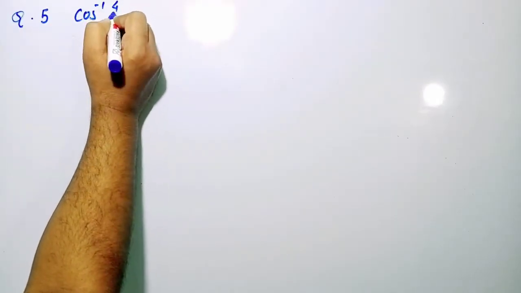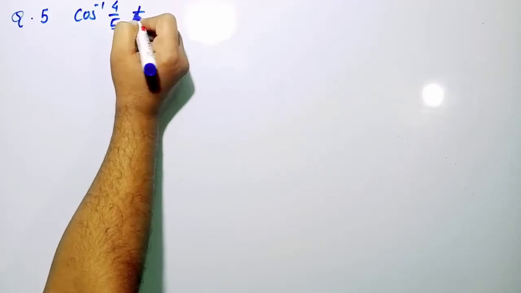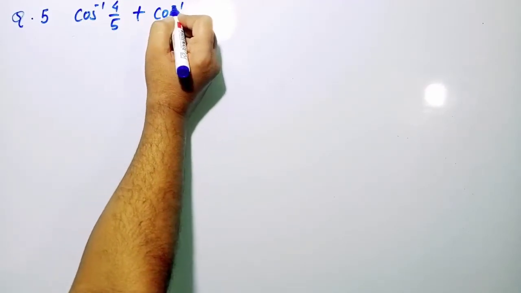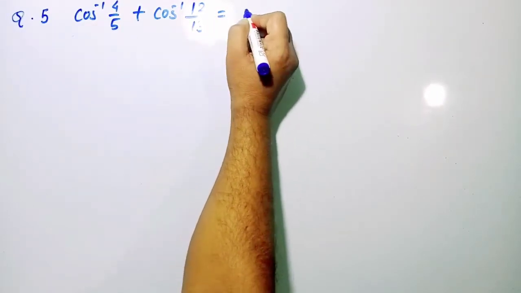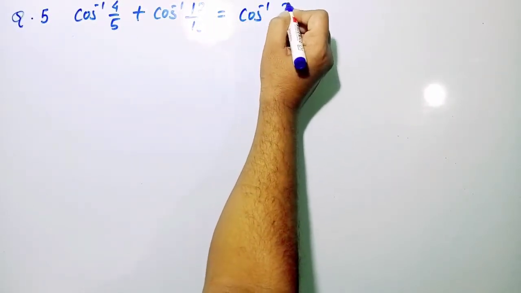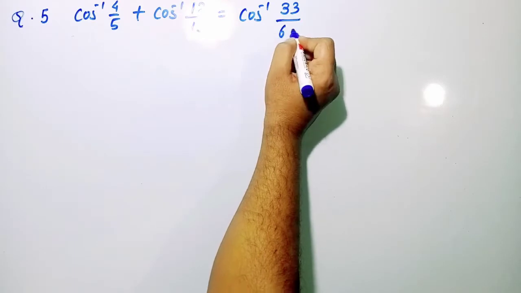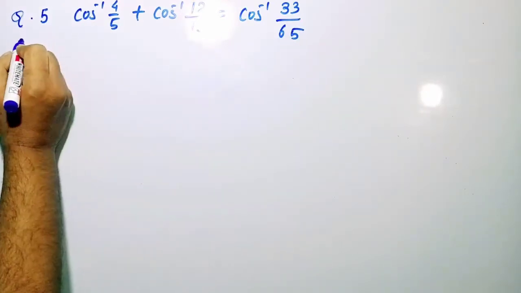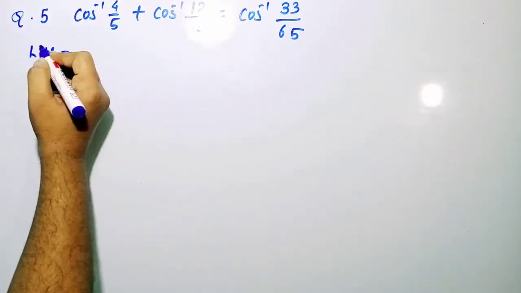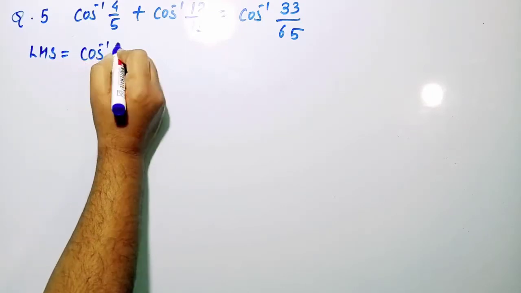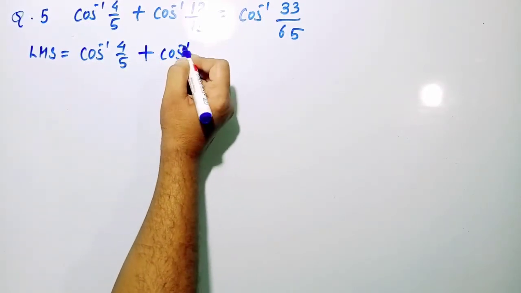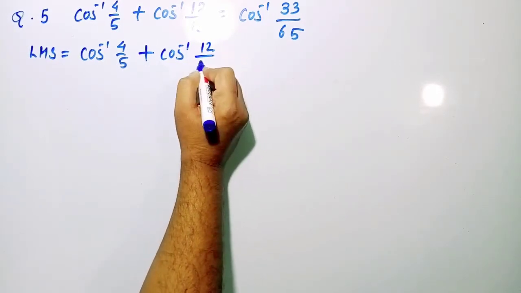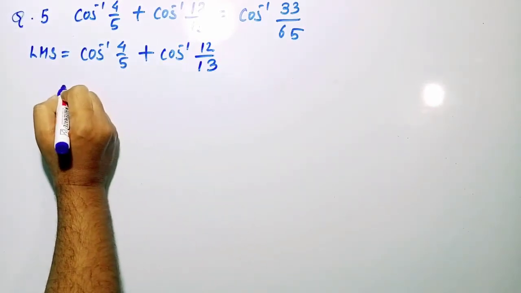Cos inverse 4 by 5 plus cos inverse 12 by 13 is equal to cos inverse 33 by 65, right? Here we will prove the LHS is equal to RHS. First of all, writing LHS: cos inverse 4 by 5 plus cos inverse 12 by 13, right, students?